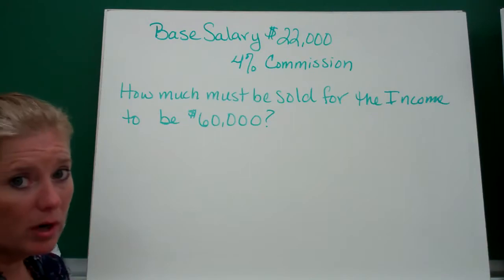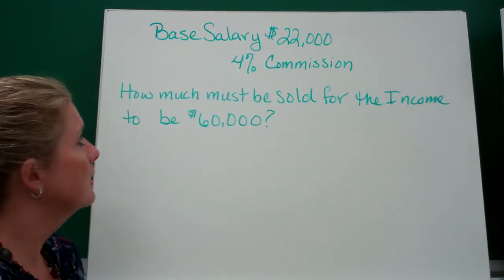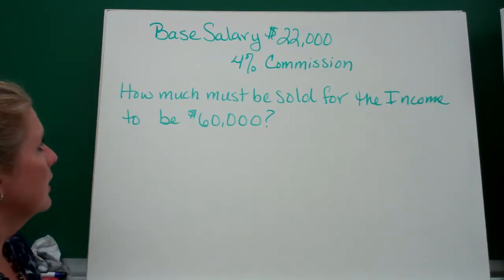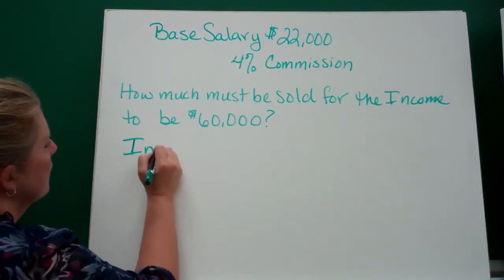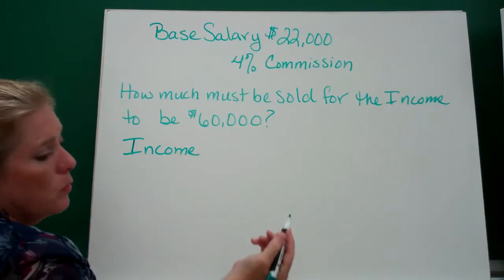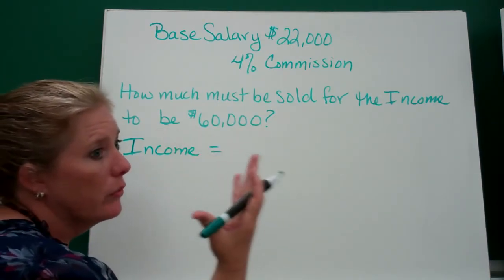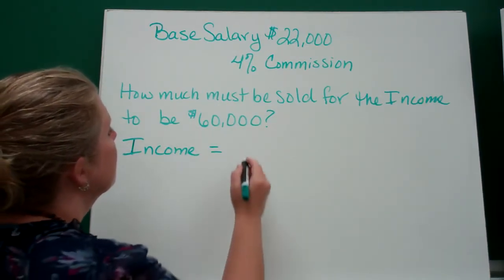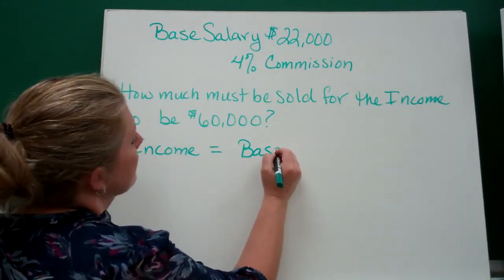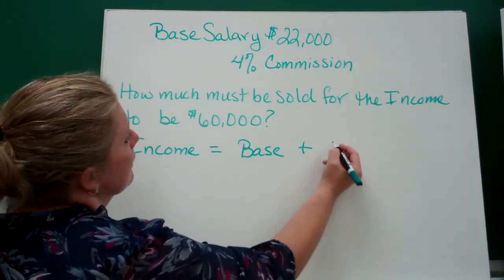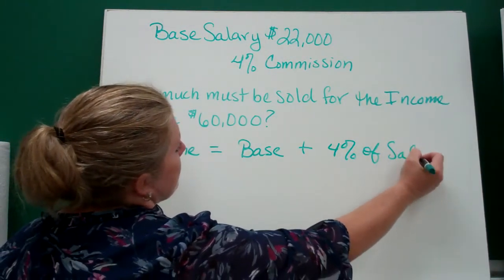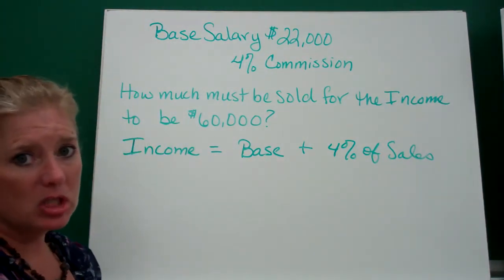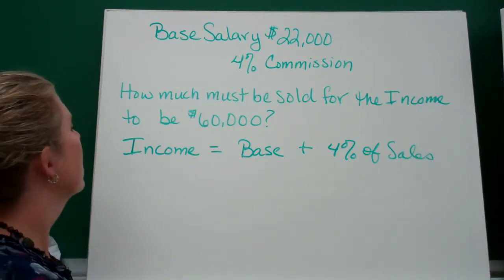We are going to write the equation and solve it. To start with, you can write his income in words at first, sometimes it helps to visualize it. Income is going to equal the base salary plus the 4% of sales. That's the commission, the 4%.